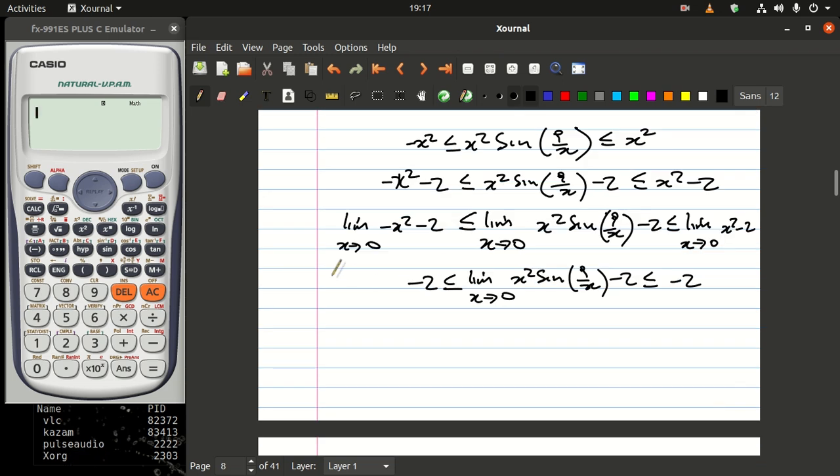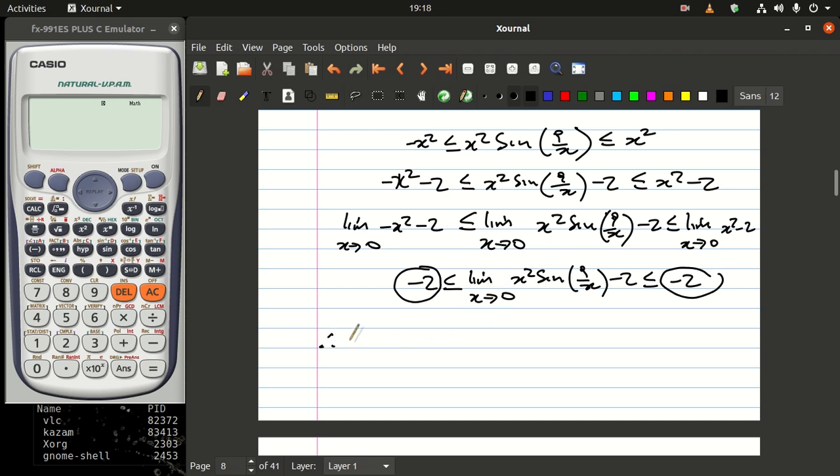Looking at this number here and that number there, these two numbers are equal. If they are equal, then I can use the squeeze theorem. If these numbers are different, then I cannot use the squeeze theorem. I need to choose different functions or find another method to bound this function.